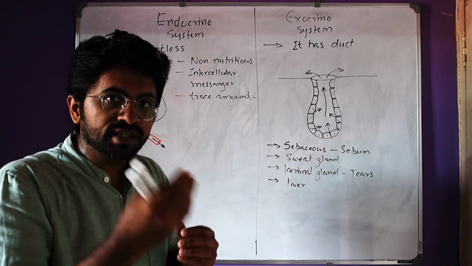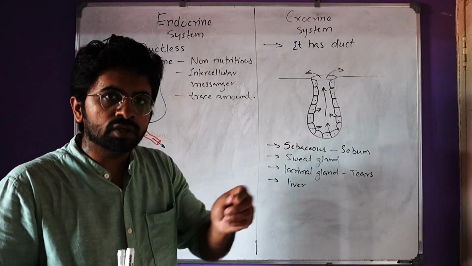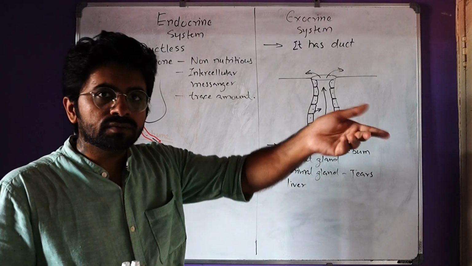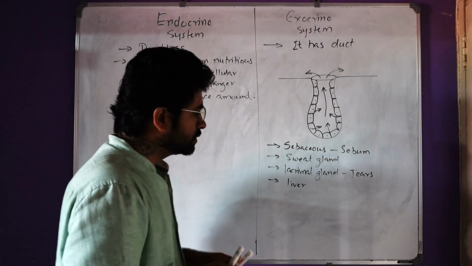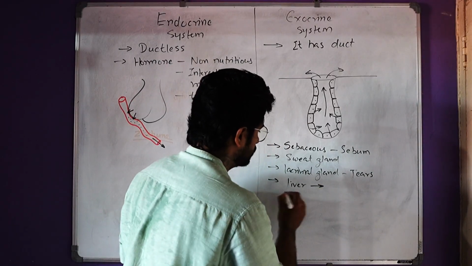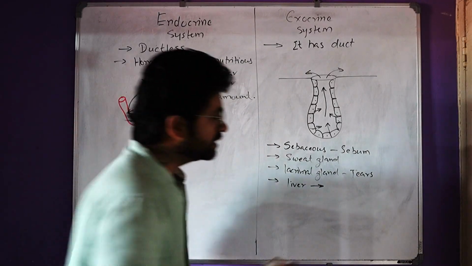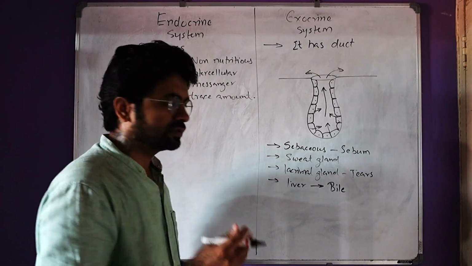So outside skin surface only, is it true? No. Outside organ or outside organ system you can say, or skin surface. So exo has a wider meaning here. Liver will secrete bile, which will be stored in the gallbladder.